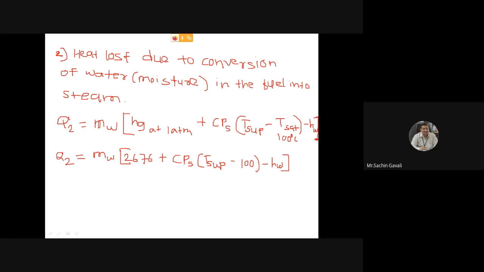Then T sup is the temperature of superheated steam.